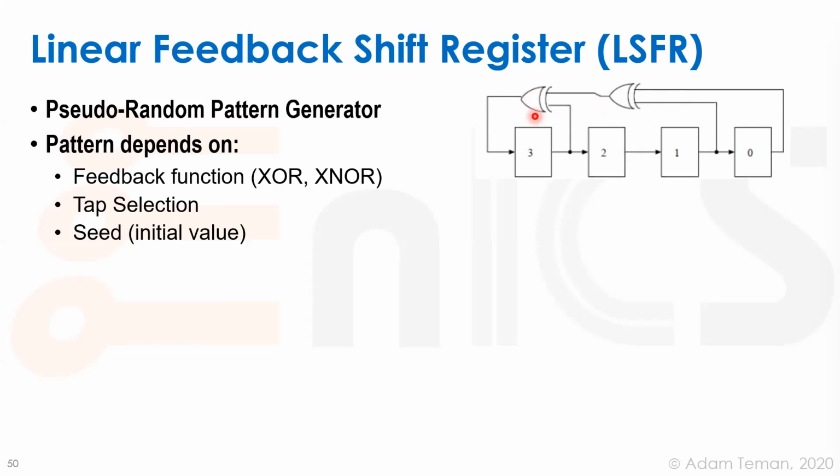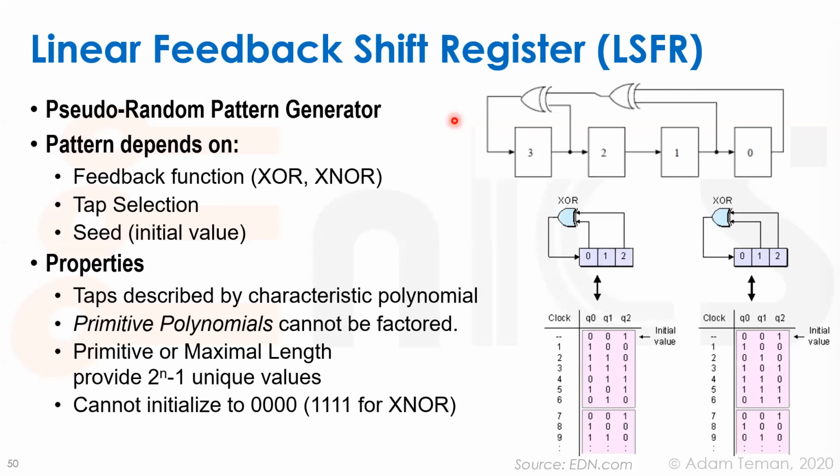Okay, and what it does, it gives this thing a characteristic polynomial, so you can describe mathematically what this does. And interestingly, some of the patterns that this type of thing makes are what are called primitive polynomials. They're these polynomials that you can only divide by themselves or by 1.